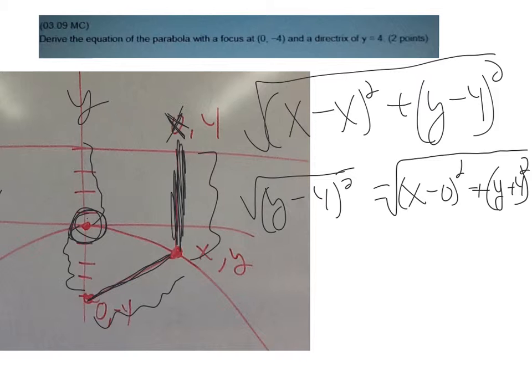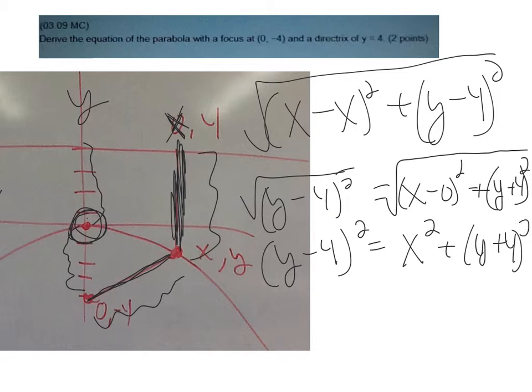Since these two distances have to be the same, because by definition the parabola is the set of points that's equidistant from the directrix and the focus, and since these are both square rooted, we can square both sides. That leaves me y minus 4 squared on this side, and on the other side x squared, because x minus 0 is x, plus y plus 4 squared.